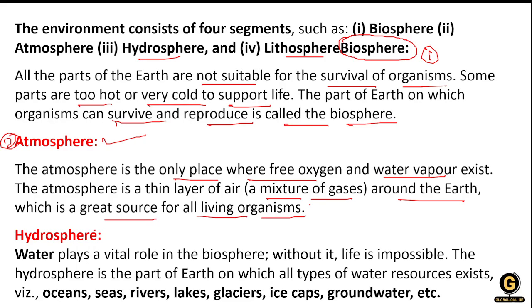Why? Because every living organism needs oxygen, clear? And it is freely available in the air. That surrounding where we can get free oxygen and water vapor is called atmosphere. And that thing is necessary for every living organism. That is called atmosphere. Clear?